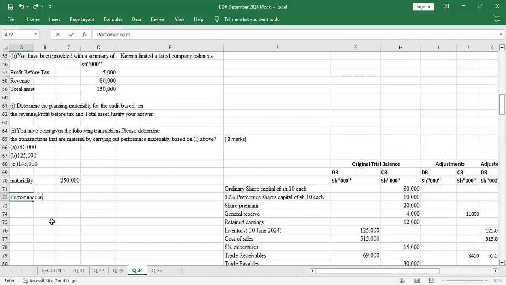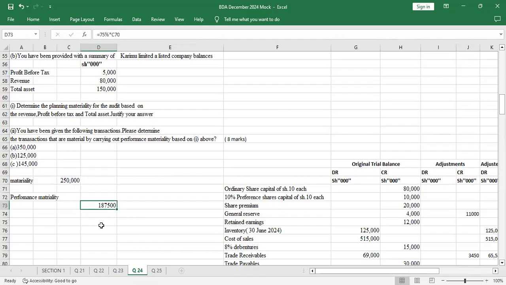So performance materiality means that you will work with a value that is below the material amount, and a value above performance materiality, we say that it's material. So how do we do this? You just guess a number. So let me say maybe 75% of 250,000, of the material amount. So you take 75% times 250.